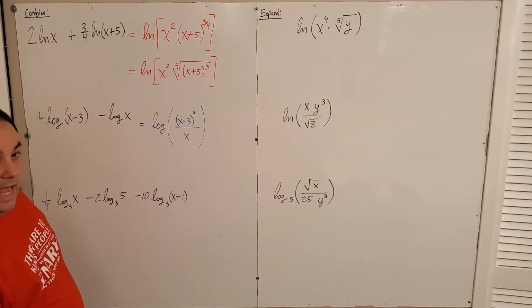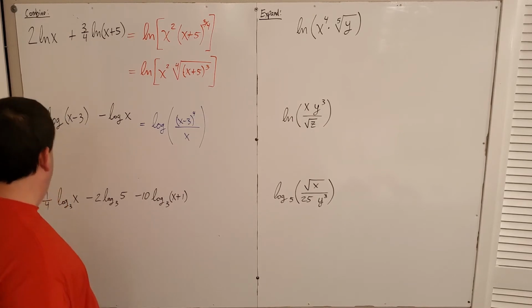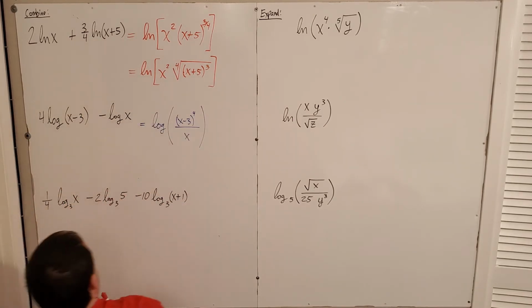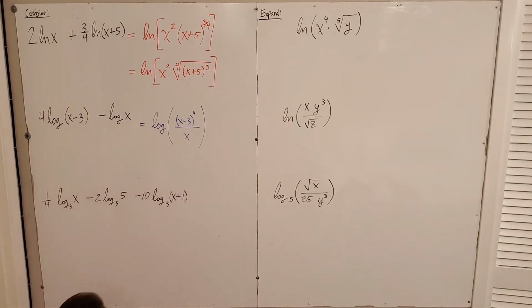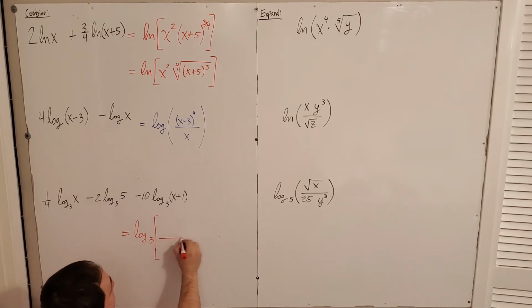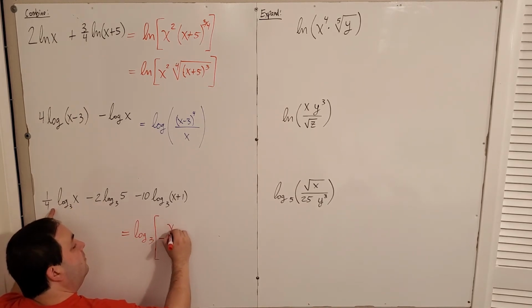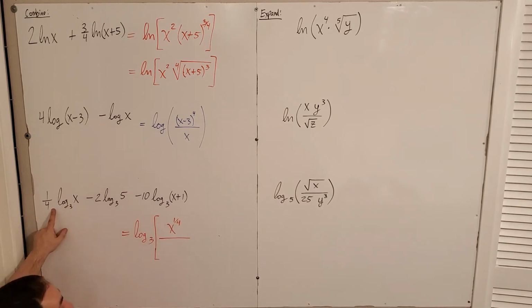Okay, now what about this last one? The last one here, we're going to talk about bringing 3 of these together, smashing these 3 together. So I know I'm getting one logarithm, base 3, one logarithm with a base of 3 here. And here's my fraction bar, because I can see there's a positive and some negatives. So my positive is x to the 1/4, which again, I could write as the 4th root of x, just like we've been rewriting them before.